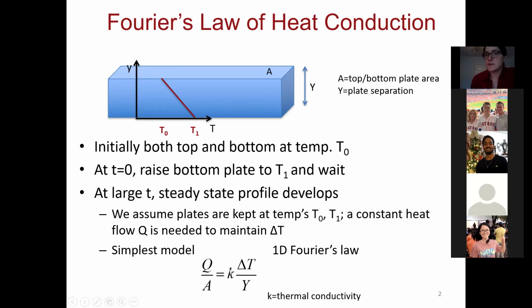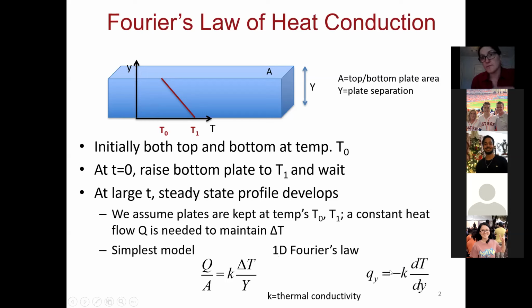The coefficient of proportionality is thermal conductivity. That results in my 1D Fourier law. There's this minus that shows up because this is T1 minus T0, but T1 is at the lower y and T0 is at the higher. That's how I get this minus here.